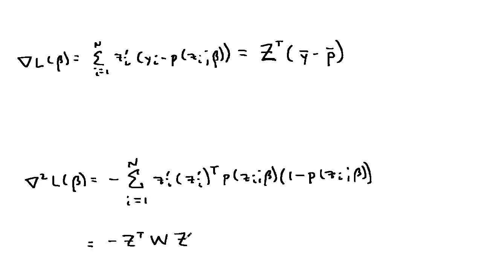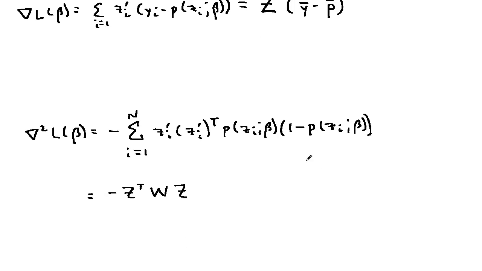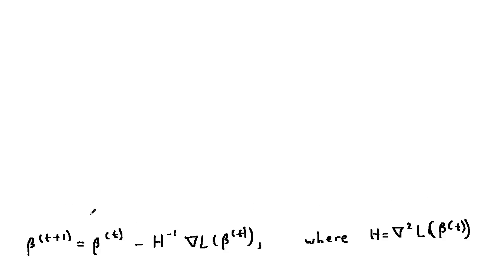So in the Newton-Raphson method, beta of t plus 1 is equal to beta of t minus H inverse times the gradient of L evaluated at beta t, where H is the Hessian, evaluated at beta t.